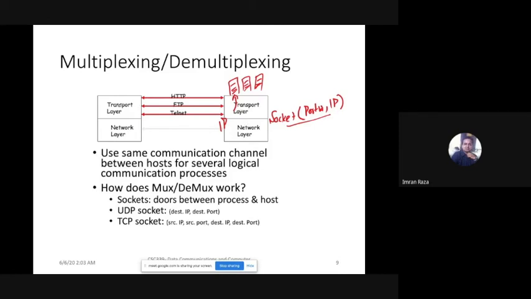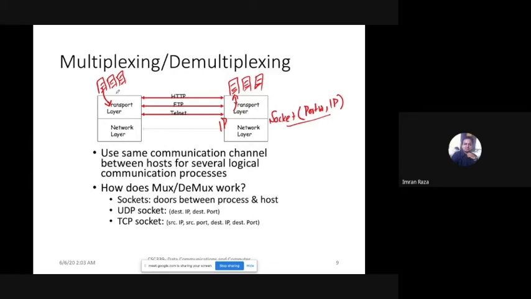And on the other side, at the sender machine, there are many different processes going on at the application layer. Data from a process through sockets will be forwarded to the transport layer, right? So this is known as multiplexing and demultiplexing. And what do you think, why is it important?